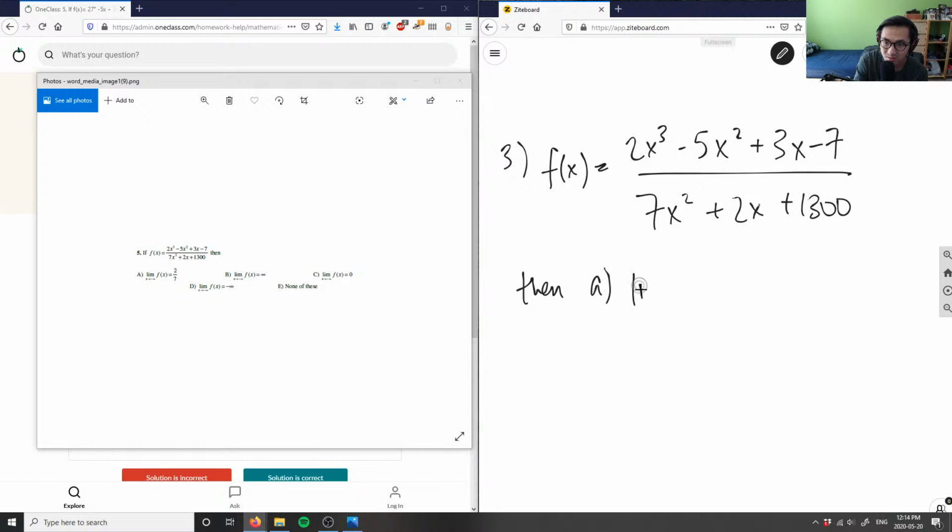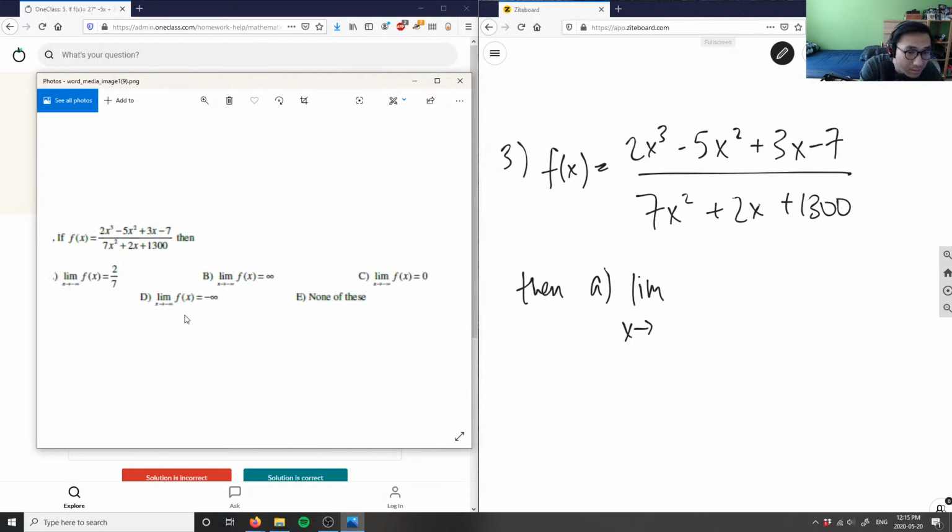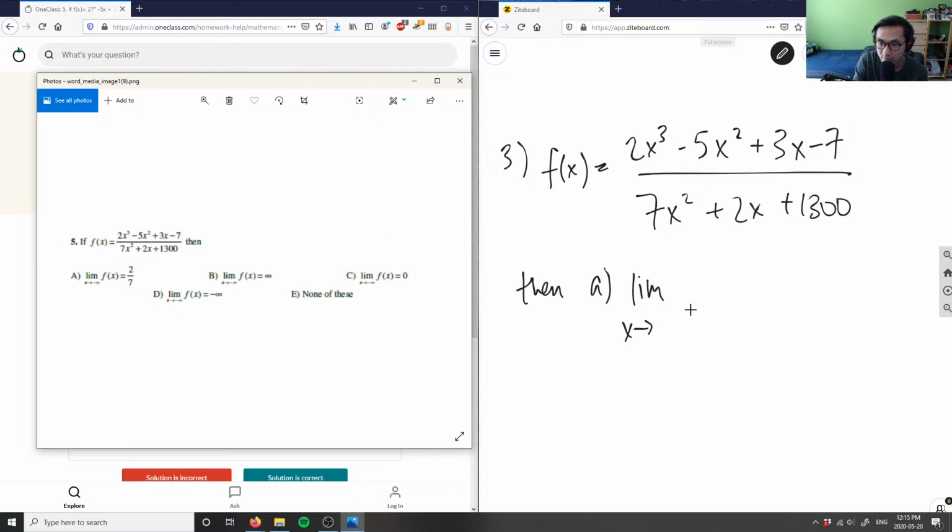So we have the limit as x approaches... I don't even see this. Is it positive infinity or negative infinity? I can't even see this. I think they're all negative infinities. Okay. The resolution is just really bad here.